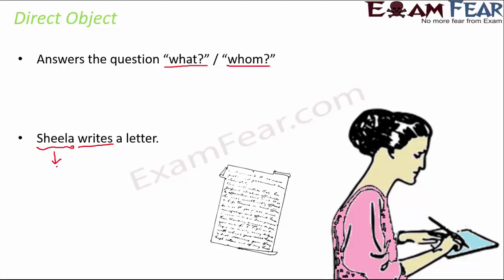So obviously Sheila is the subject here. Now we will ask a question to identify the direct object. Sheila writes what? And what is the answer to this question? She writes a letter. So this shows that letter is the direct object here. So whenever you ask the question what or whom with the action verb, that is writes what, the answer would be letter. So letter is the direct object.